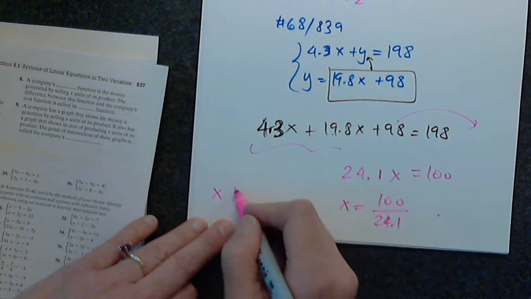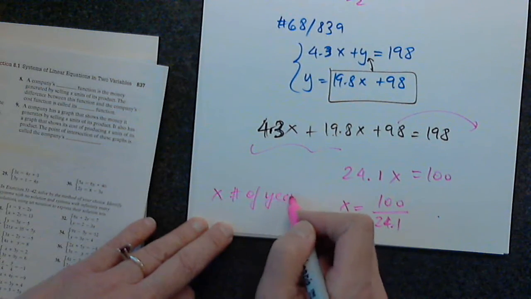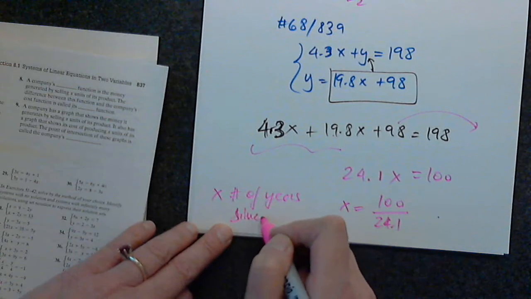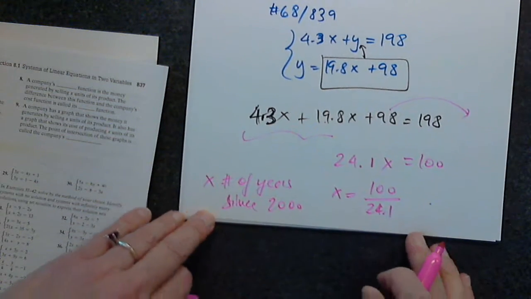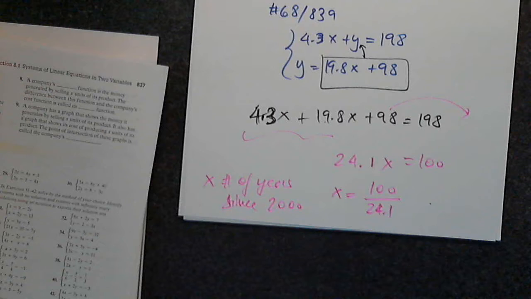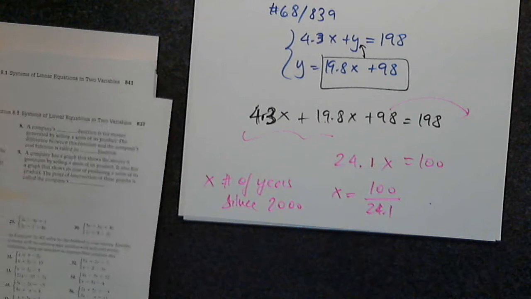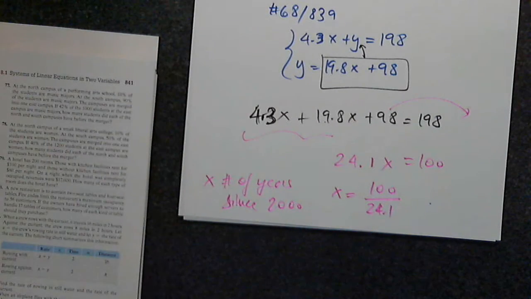And x is the number of years since the year 2000. And they asked us to round. They said use these models to determine the year, round it to the nearest year.